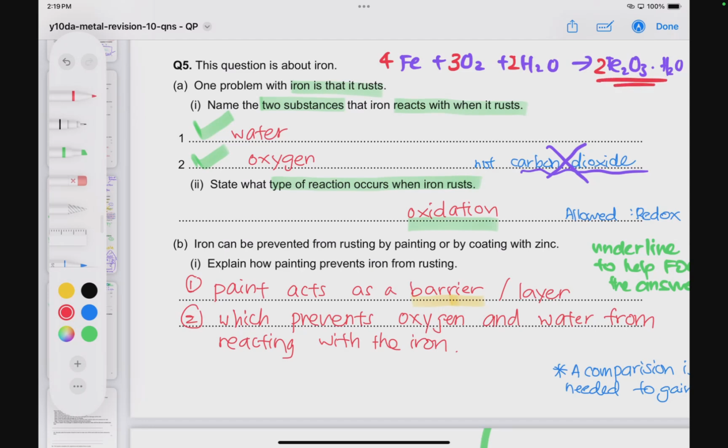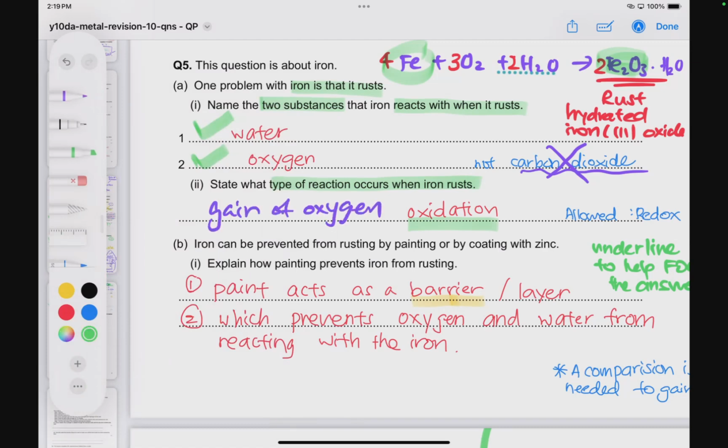But here, this is our rust, which is hydrated iron trioxide. Okay, so that is oxidation because we start off with iron and at the end of the day, the iron becomes iron oxide. So that's oxidation, which is essentially gain of oxygen. Oxidation is gain of oxygen.